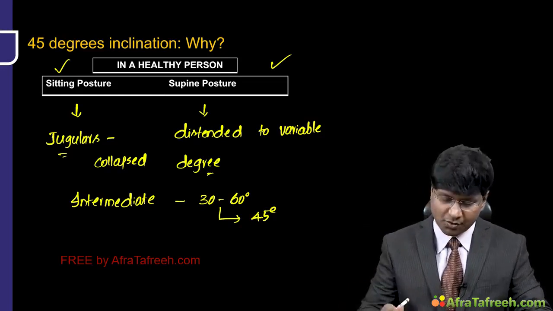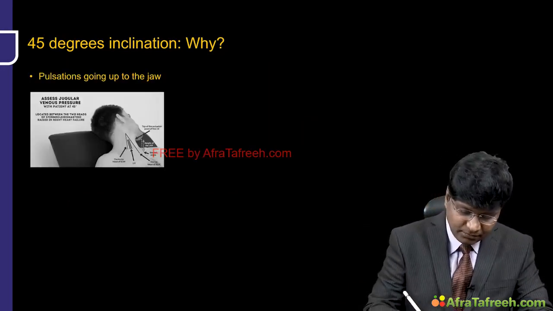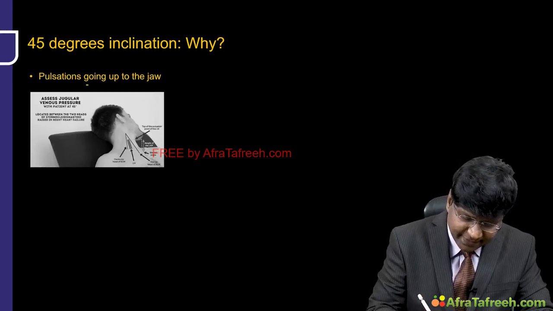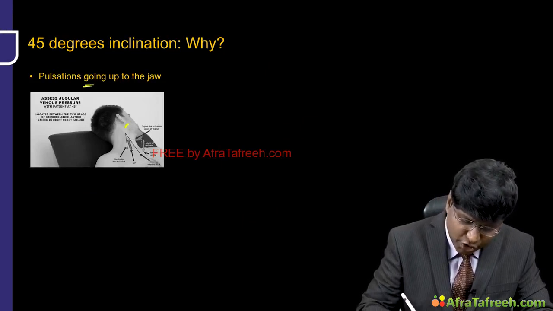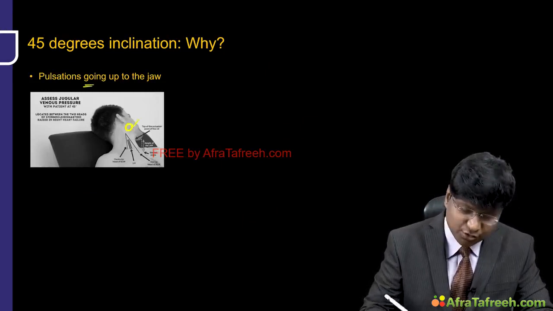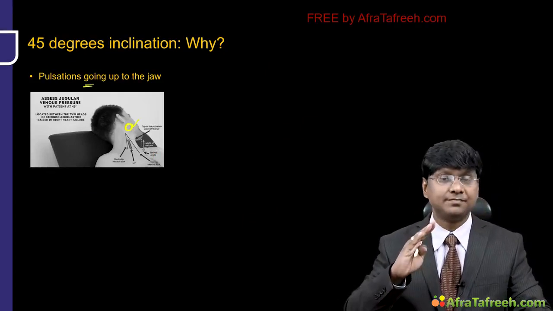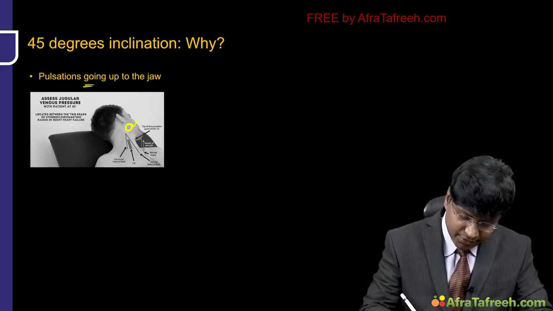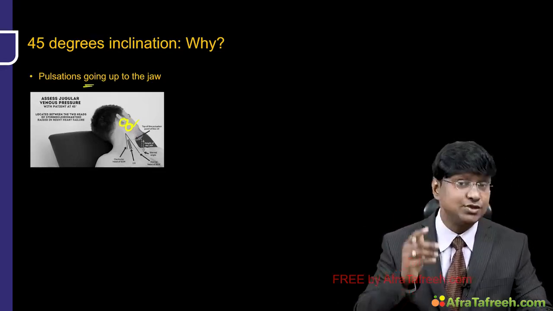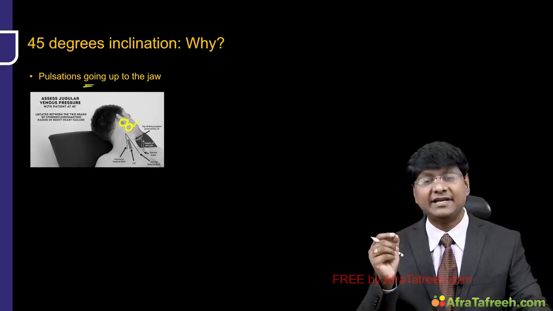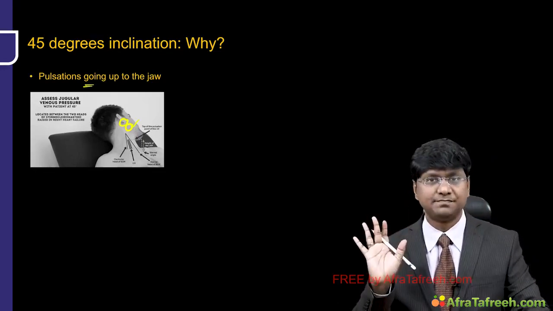Now, sometimes you will notice that the pulsations are going up to the jaw. The jugular venous pulsations may go up to the jaw, and you can even observe them near the ear lobes.